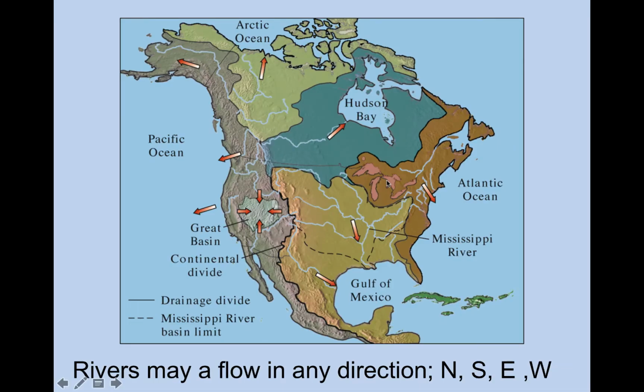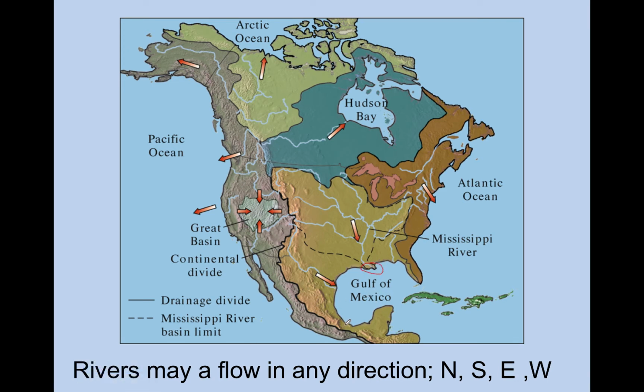At the large scale, we have a system of divides that is based on mountain ranges. Now, I told you a divide could just be 20 feet high. It doesn't have to be a mountain range, but we do have major divides. And so you get an idea of what I'm talking about here. If we look at the Gulf of Mexico, here's the Mississippi River down here at the bottom.